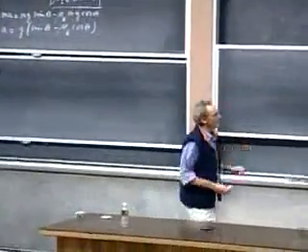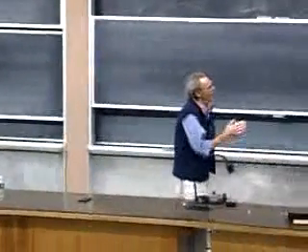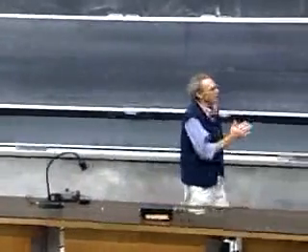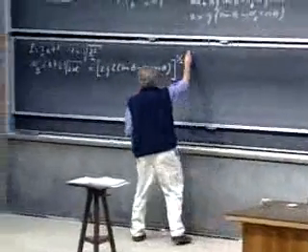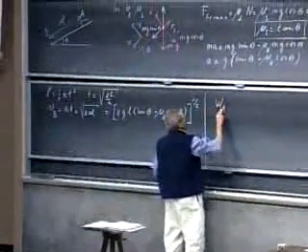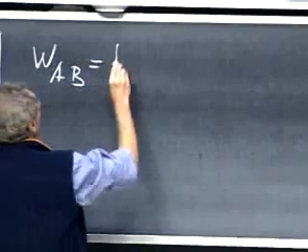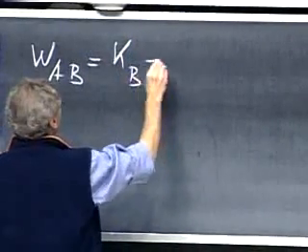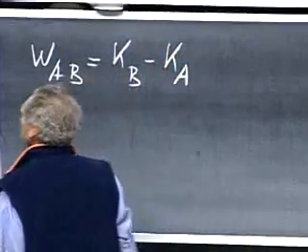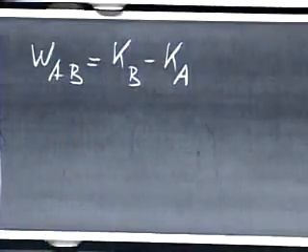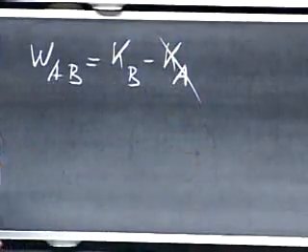I would say, hey, why not apply the work-energy theorem? Why not say that the work done when that object moves from A to B must be the kinetic energy at point B minus the kinetic energy at point A. Now I know that I release it at 0 speed, so this is 0.